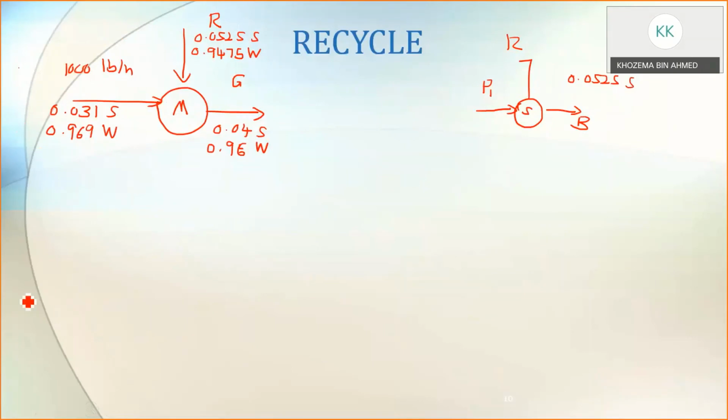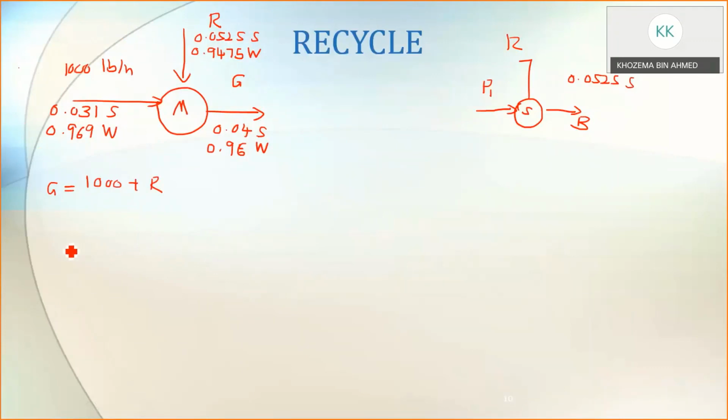So if we do the overall balance, G is equal to 1000 plus R. And then I can do the same thing, a balance on my salt.